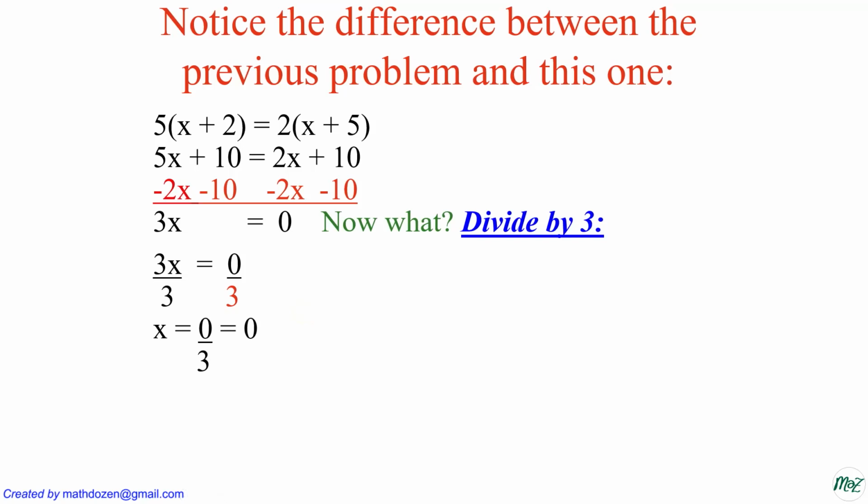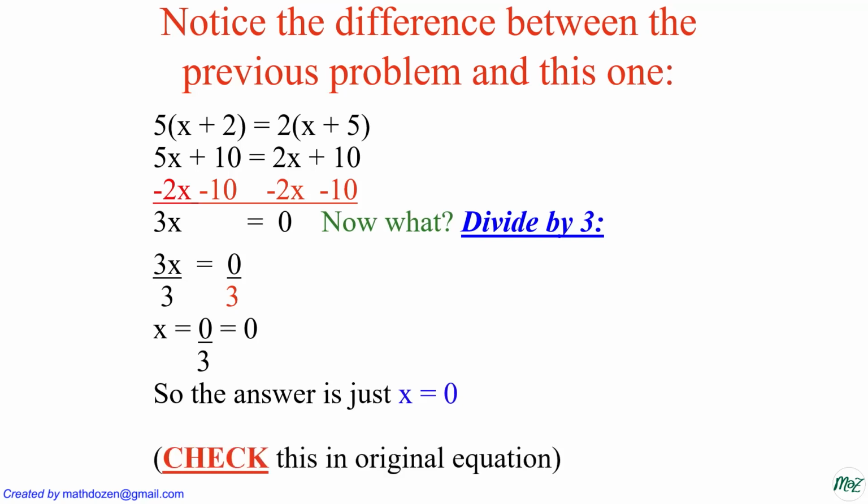So this time we didn't lose any variables, we moved through all the steps, and our solution is just 0. So that will be the answer, x equals 0. And in order to check it, we need to plug that number into the original equation if we want to do the checking step.